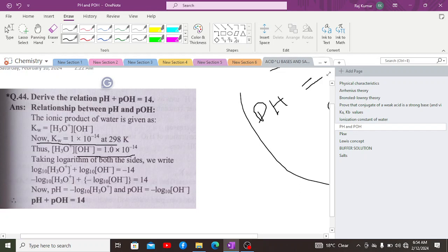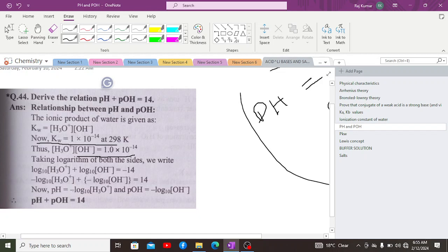When we take the logarithm on both sides, we get minus 14 equals log of H3O plus log of OH. Taking the minus sign common, it becomes minus log H3O plus minus log OH is equal to 14.